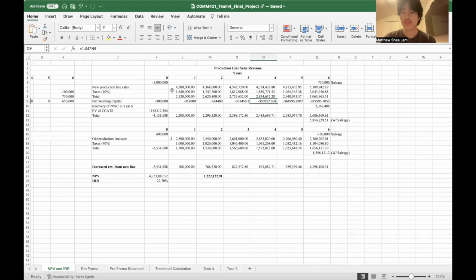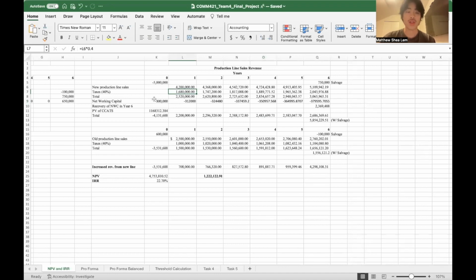We then calculated revenue that was generated by this new production line, which started off as $4.2 million in year 1 and grew 4% each year until year 6. After that, we calculated taxes of 40%, subtracted those taxes from the revenue, and got the new total.